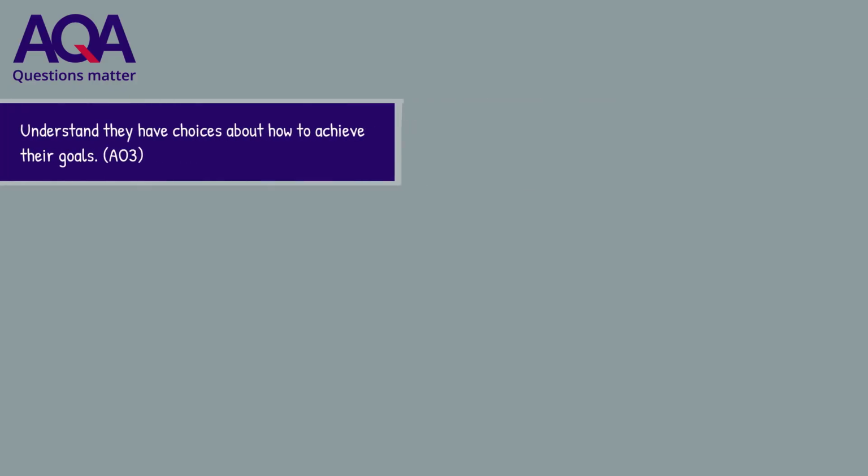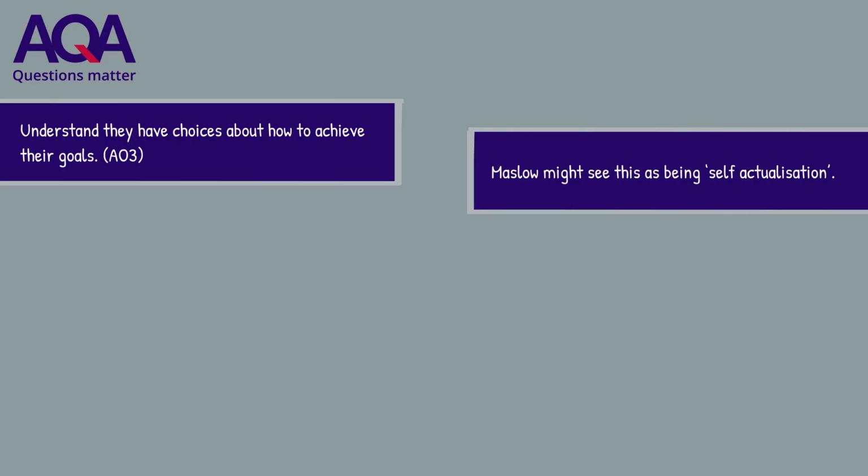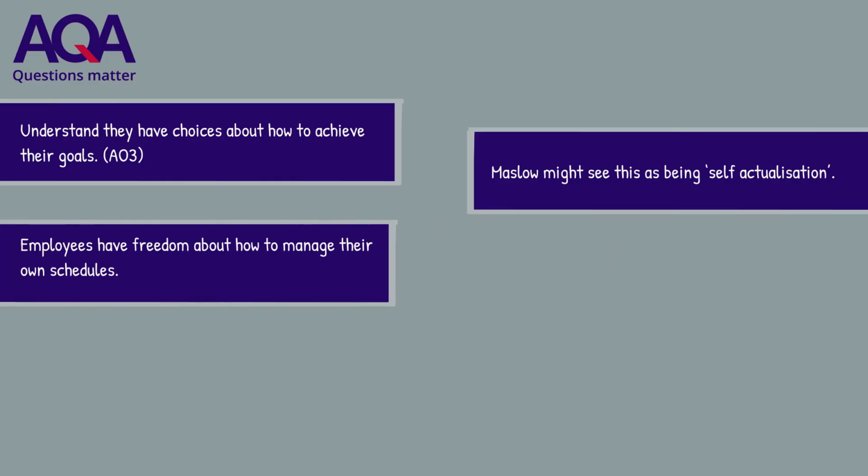In this example, it motivates because they understand they have choices about how to achieve their goals. AO3. Maslow might see this as being self-actualization because employees have freedom about how to manage their own schedules.